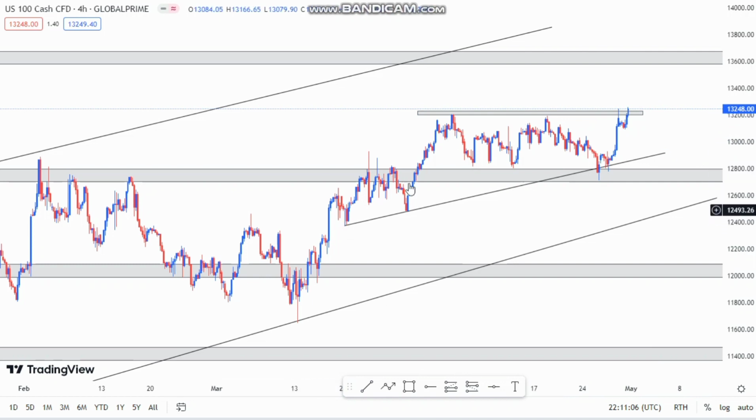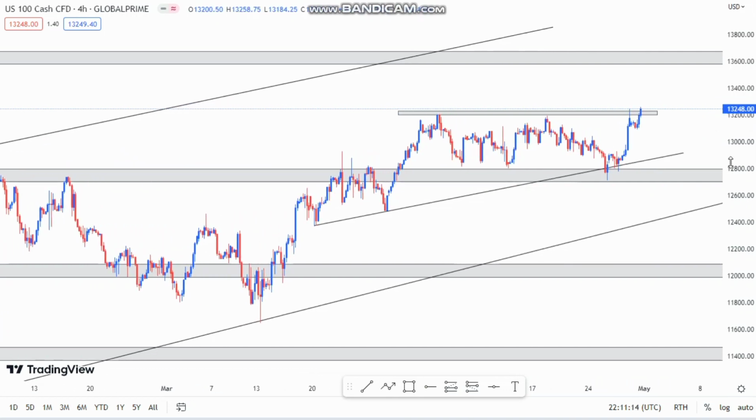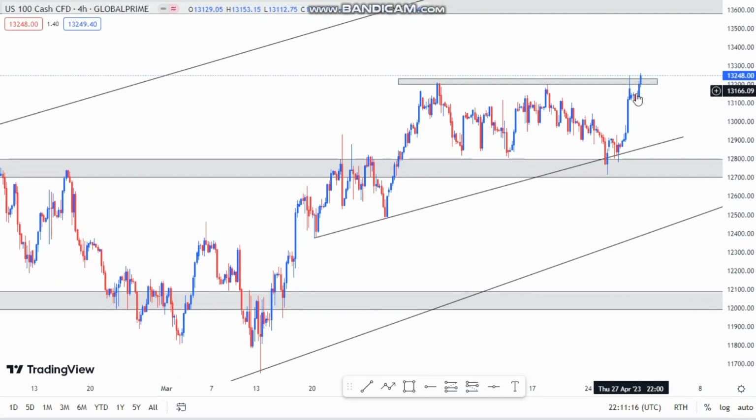As you can see, first touch, second touch, third touch, and you can see the market failed to break this area here, went back over here, and came back again. So we don't know if this is just a touch, a retest, and then we are going to have a push to the lower side.